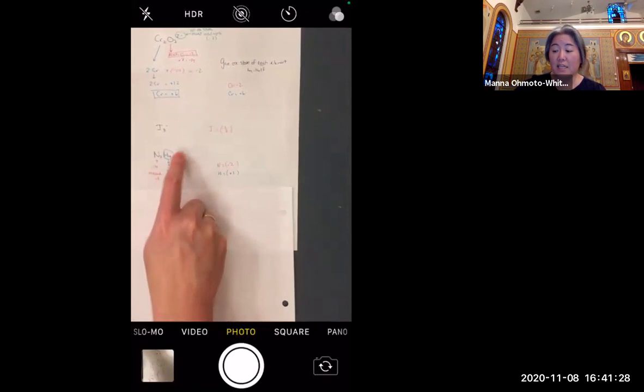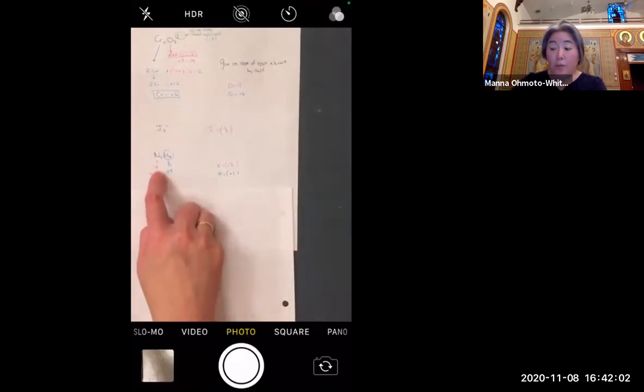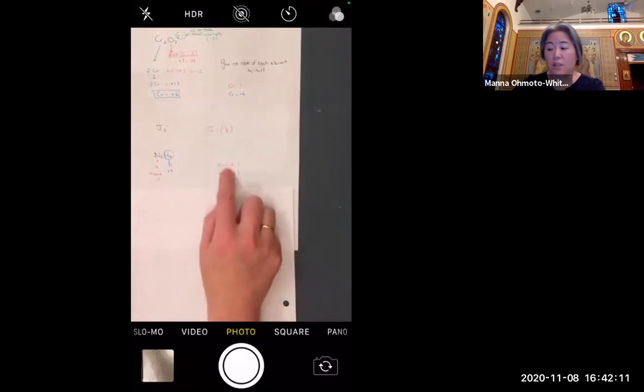So that means this N2 part has to be -4, because -4 plus +4 equals 0. So if both nitrogens together have a contribution of -4, and there are 2 of them, each nitrogen has an oxidation state of -2. Nitrogen's -2, hydrogen is +1.